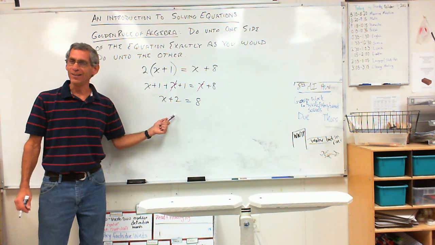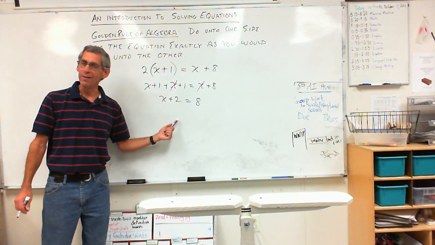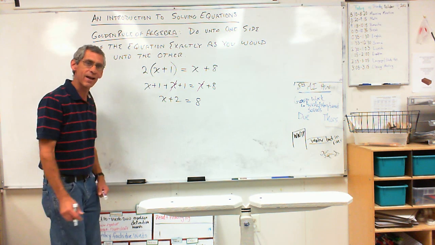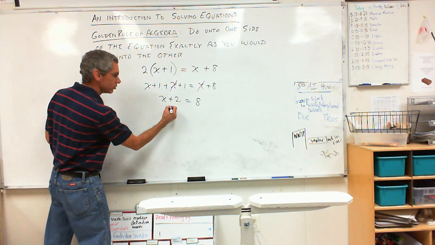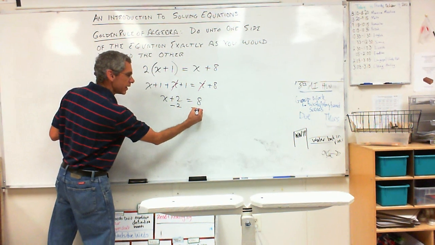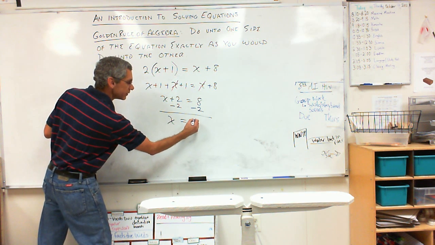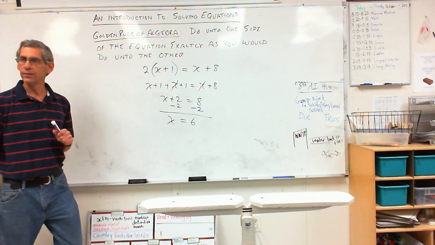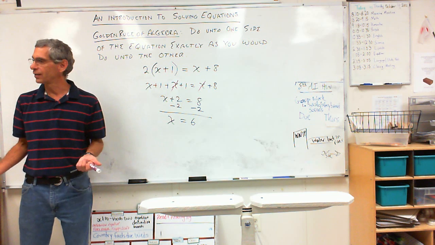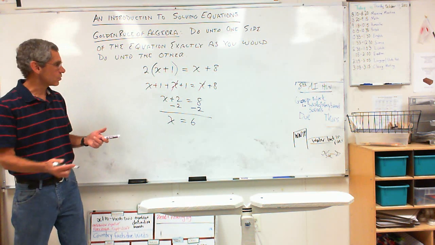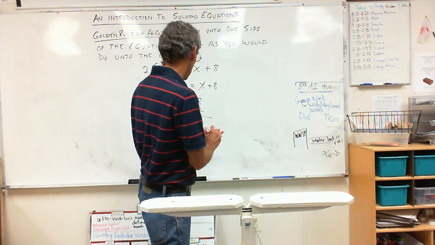So somebody added 2 to my x, and so I am going to undo that adding 2. I'm going to subtract 2 from this side, and I'm going to subtract 2 from this side, and I've got x is equal to 6. Oh my gosh. It works. It works. Isn't that cool? It is really cool. It really works.